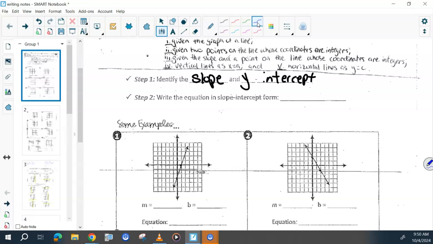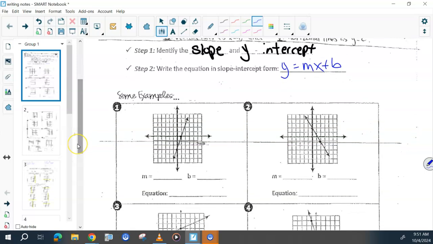And then we're going to write the equation in slope-intercept form, which is what? Y equals mx plus b. So in example 1 and 2, it gives you a line for m and b and then the equation, and then the rest don't. You can still do that.